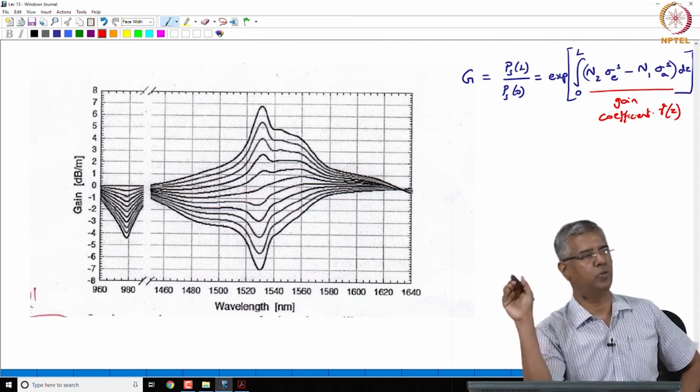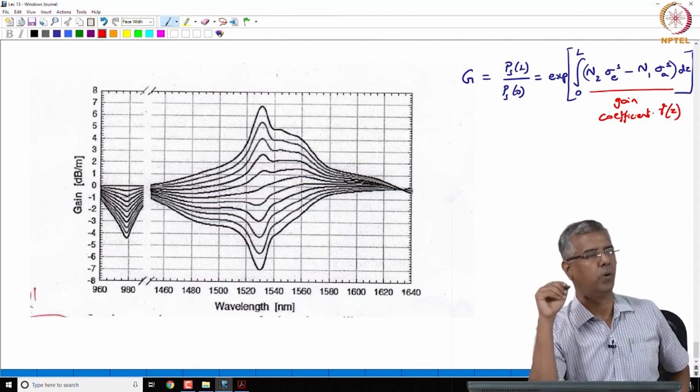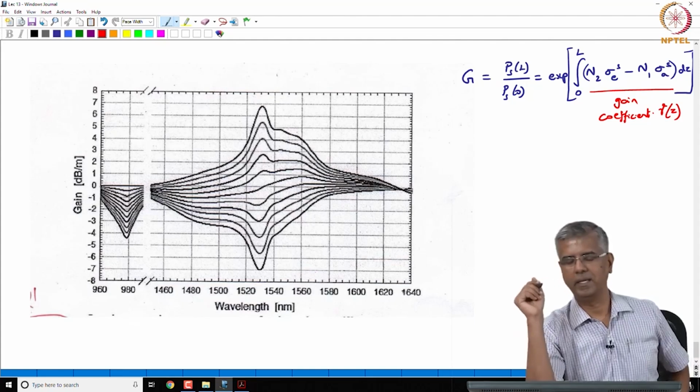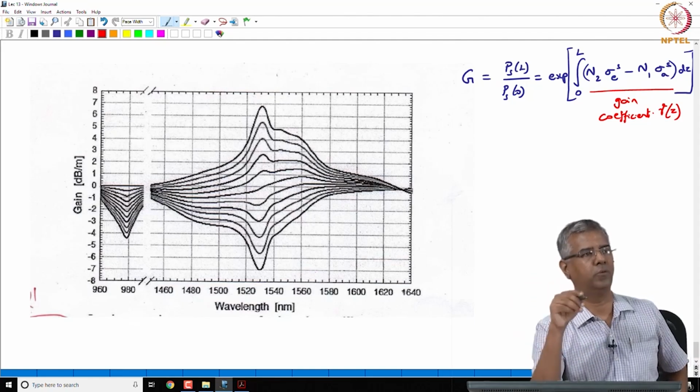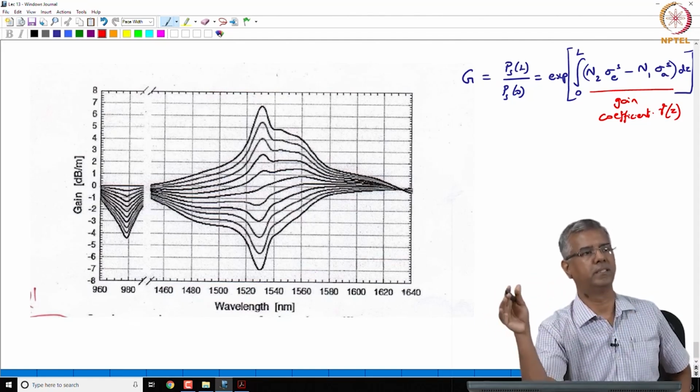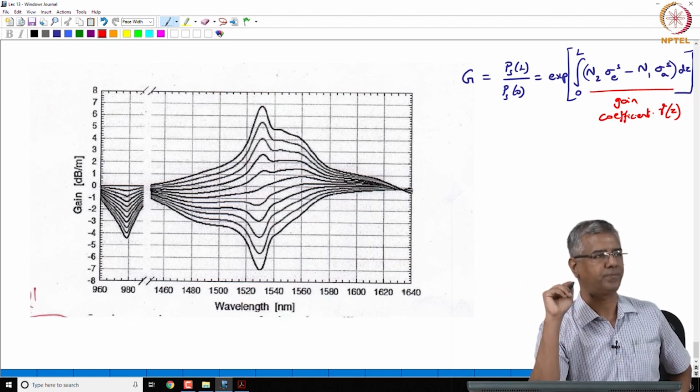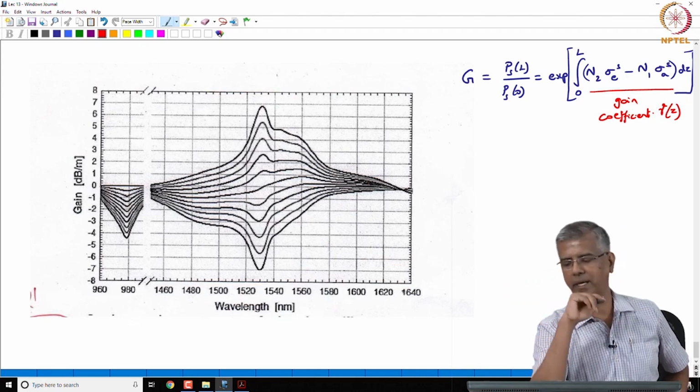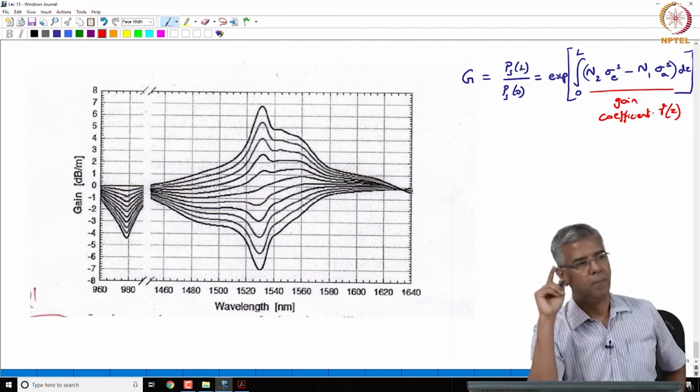But if I want to find the overall total gain, I will have to integrate the gain coefficient over that entire length, right, and that's what we are doing.